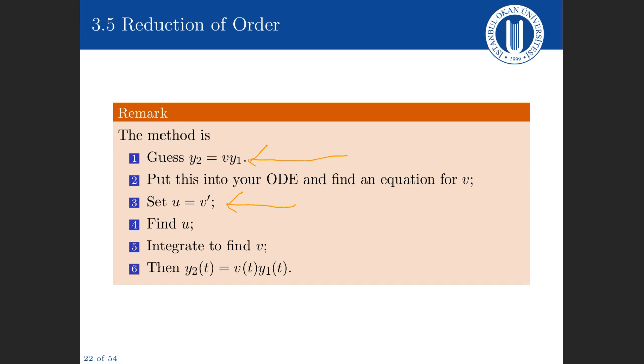Then we make our substitution. We let u be equal to v prime. We have a first-order differential equation. We solve the first-order differential equation to find u. After we know u, we can integrate to find v. And then finally, as soon as we know v, we do v multiplied by y1, and we have our y2.